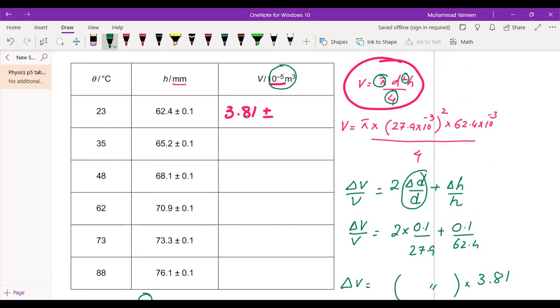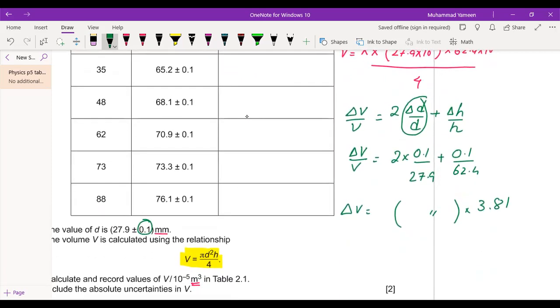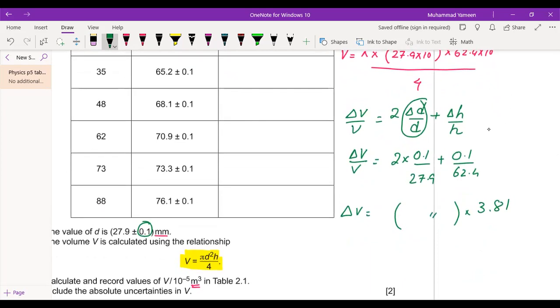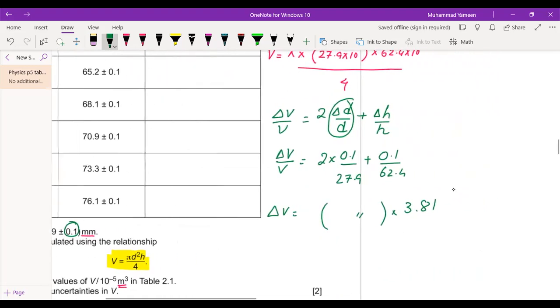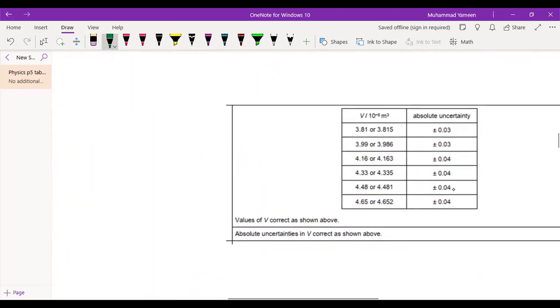And please remember, absolute error is always recorded up to 1 significant figure. So do this, and then compare your answer with the marking scheme. My calculator is not favorable, so I am not doing that for you. You can do it easily, and then check my answer, compare with my answer.